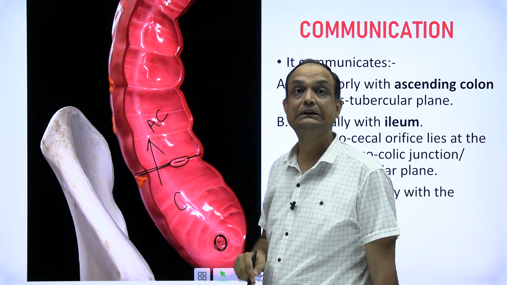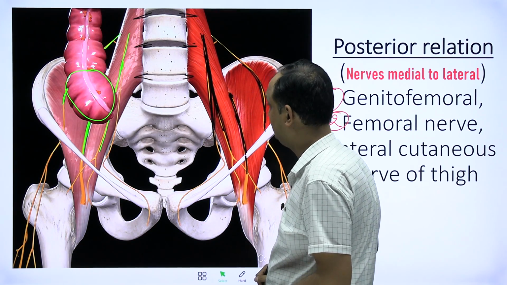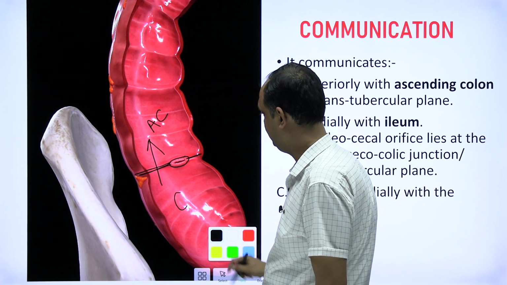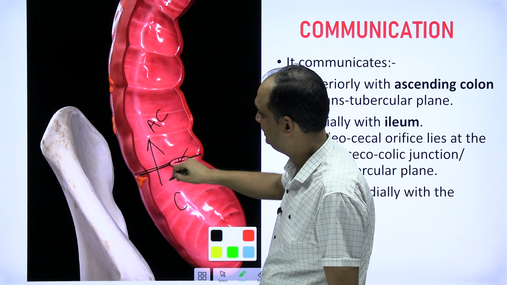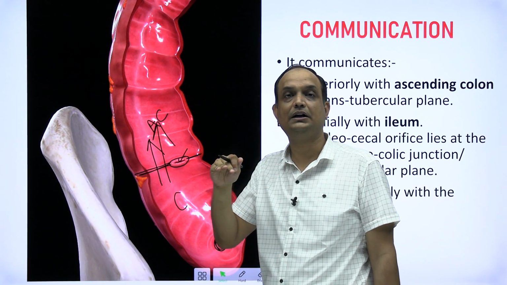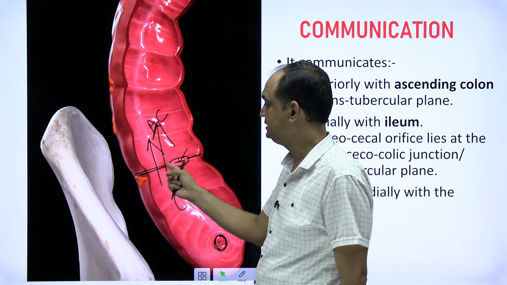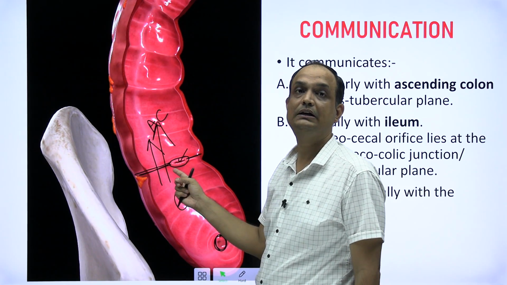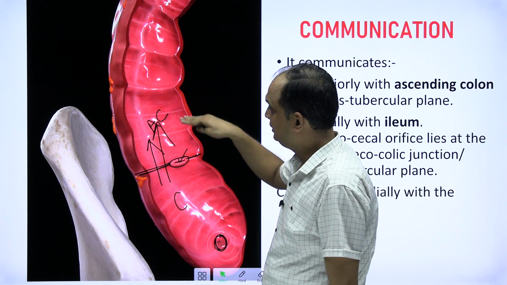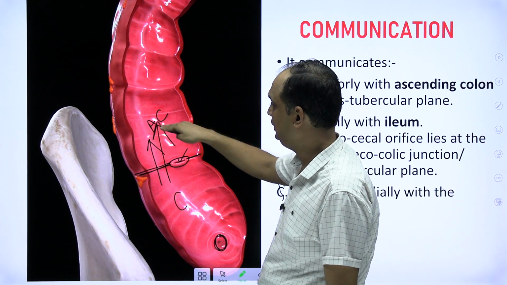So you can see there are three communications: one is with the appendix, second is with the ileum, and third, in the upper direction, is with the ascending colon. And what is the line of demarcation between the cecum and ascending colon? The answer is this opening of the ileum, or you can say the cecocolic junction.